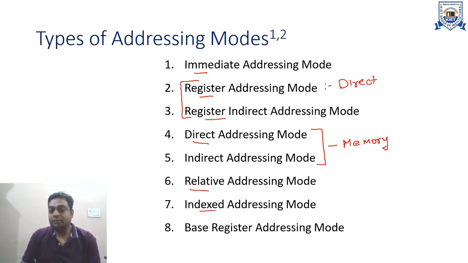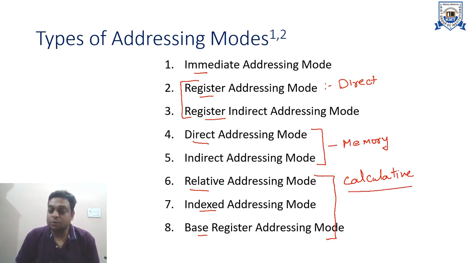Then relative, indexed and base. These are known as calculative addressing modes. Why calculative addressing mode? Because these three addressing modes can be obtained after performing some calculation.